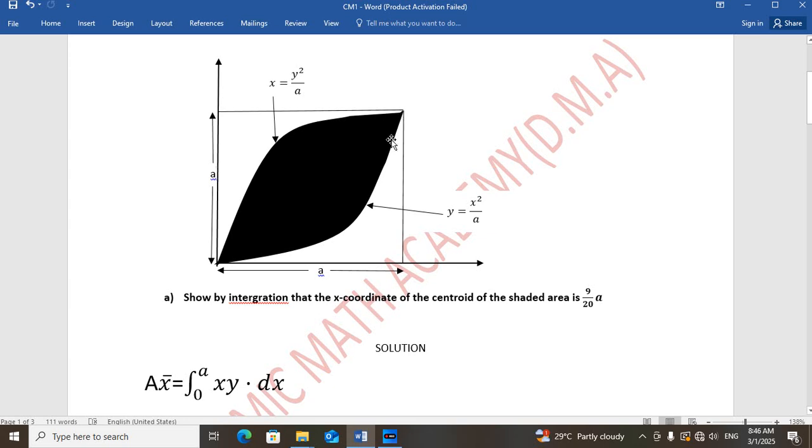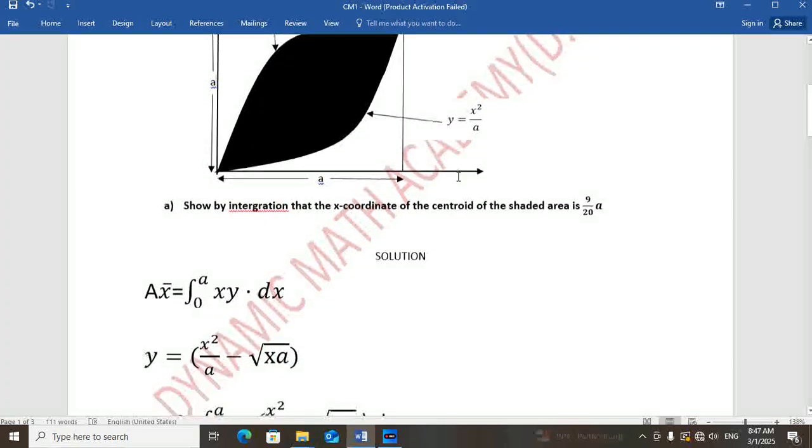So to look for the area, we just take this first curve minus this second curve. This y is not really the y that we're going to integrate. When we make the difference between these two curves, that will be our new y. We can call it y0, no problem.